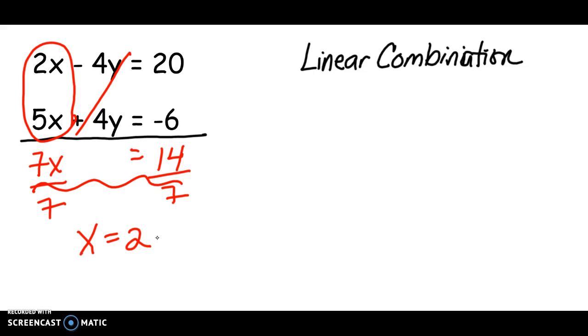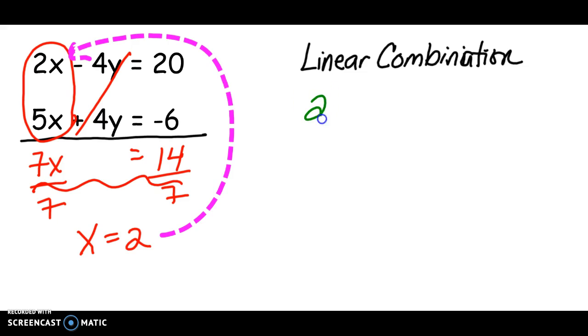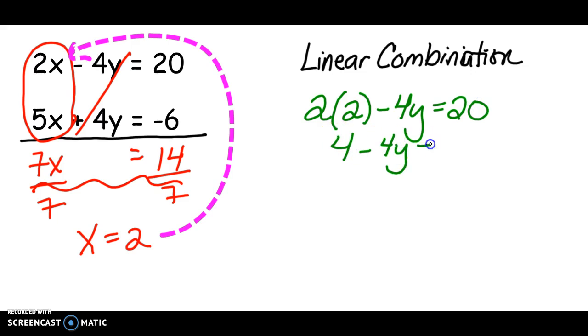Well, if I know that x equals 2, all I have to do is plug it into one of my equations. So I'm just going to pick the first one. I'm going to substitute 2 in for x: 2 times 2, minus 4y equals 20. Now I'm just going to solve. I have 4 minus 4y equals 20.